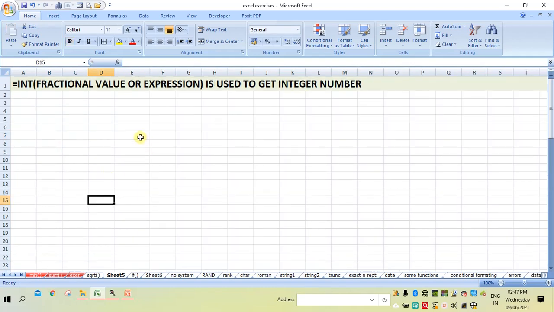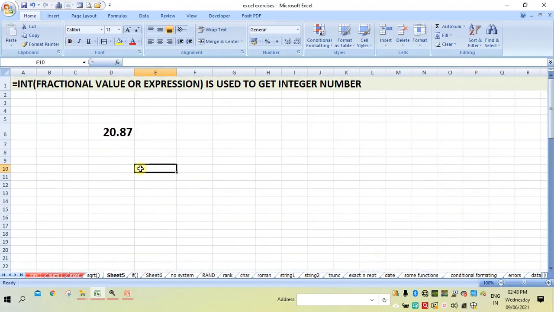In a number, there are two parts. That is, 20 is the integer part and 87 is the decimal part. If the number has a decimal part, we can remove the decimal part and keep the integer part only. That can be done using the INT function. So INT is integer, which is used to extract the integer part of a number.